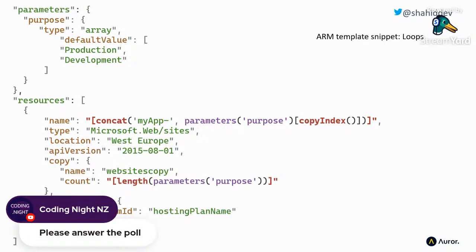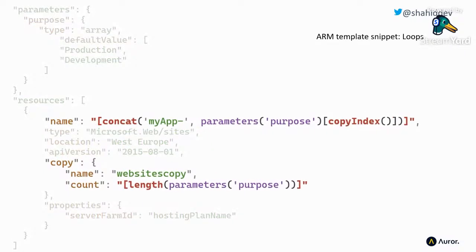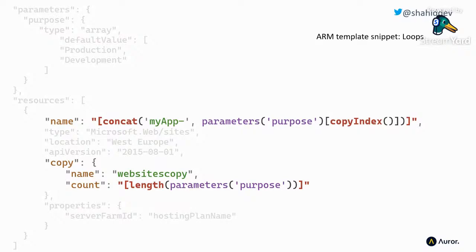Let's have a look at loops, and to be honest, loops is where things really start falling down for me. So here's an ARM template where we are trying to create 2 web apps, one in production, one in development. The bit we want to zoom in on is that I want the name of the web app to be my app dash production or development, depending on which one it is.